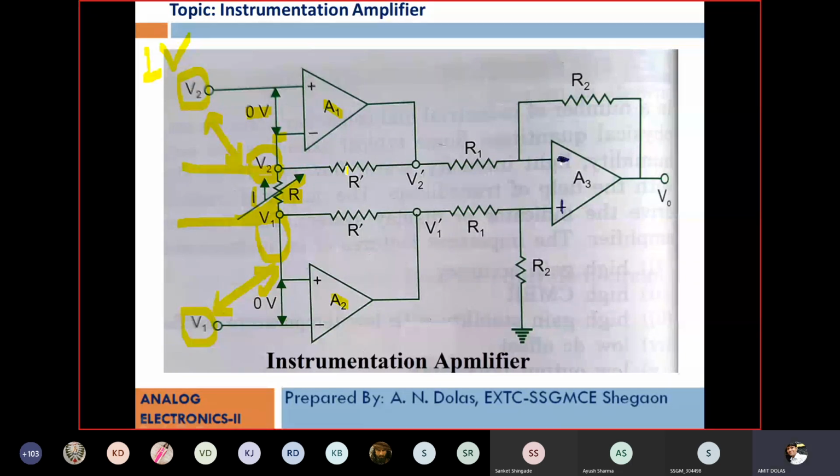It is 0. Of course, because the voltage at both ends of the resistance is the same, so there is no drop. And if it is 0, will there be any current? If there is no drop, will there be any current? No. Ohm's law says that as there is no drop across the resistance, there will not be current because there is no potential difference.